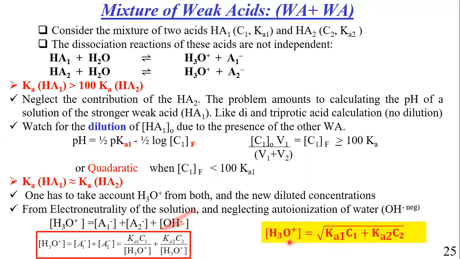Don't you remember something like this, H3O+ equals square root of Ka times C? Yes, that is just the monoprotic calculation of H3O+. We did that first, then we take minus log of both sides and you get half pKa1 minus half log C. This is the same exact thing. So remember the square root of Ka times concentration plus another Ka times another concentration because we have another acid. You just need to memorize this bit, okay?